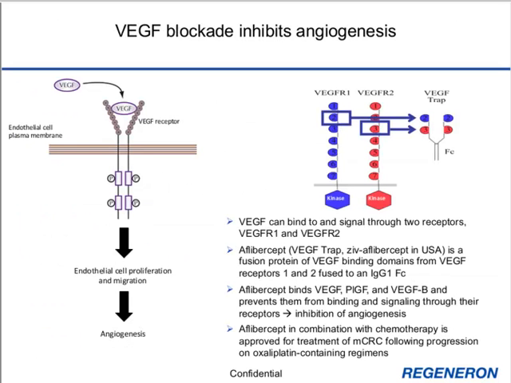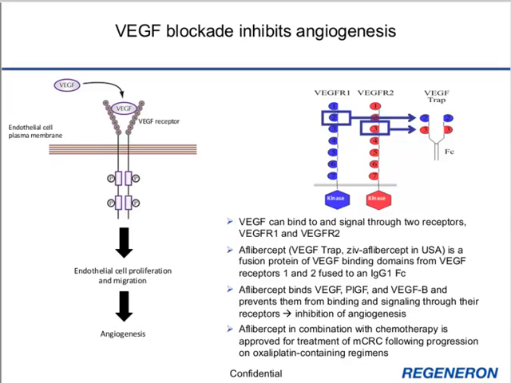VEGF can bind to and signal through two different receptors, called VEGF receptor 1 or VEGFR1 and VEGFR2. At Regeneron, we've developed a fusion protein called VEGF Trap or aflibercept, which is composed of the VEGF binding domains derived from VEGF receptor 1 and receptor 2 fused to an IgG1 Fc portion.